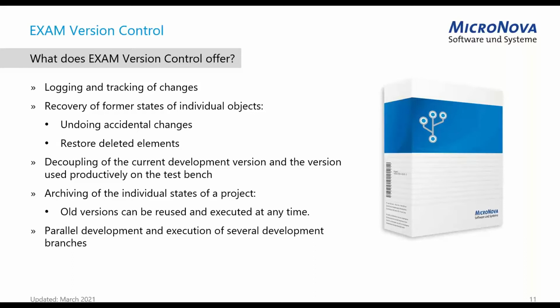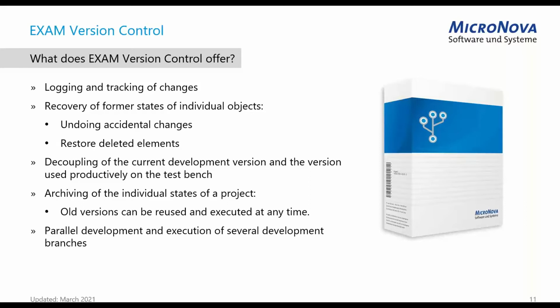And the requirement to decouple current development versions of your model and elements from test cases that are productively used and stable for execution on your test bench is also given and fulfilled. Next is a strategy to archive the individual states of a project.